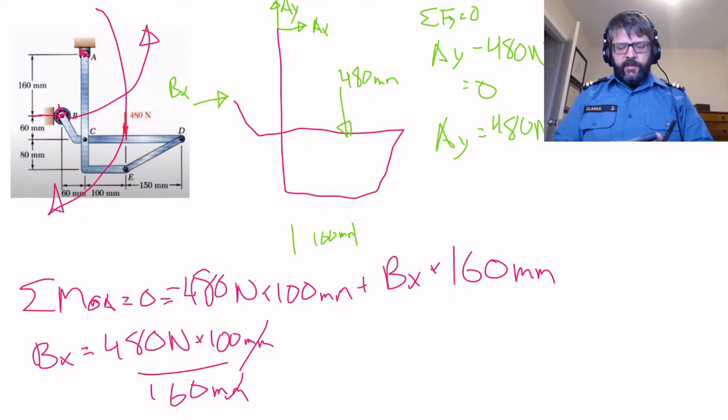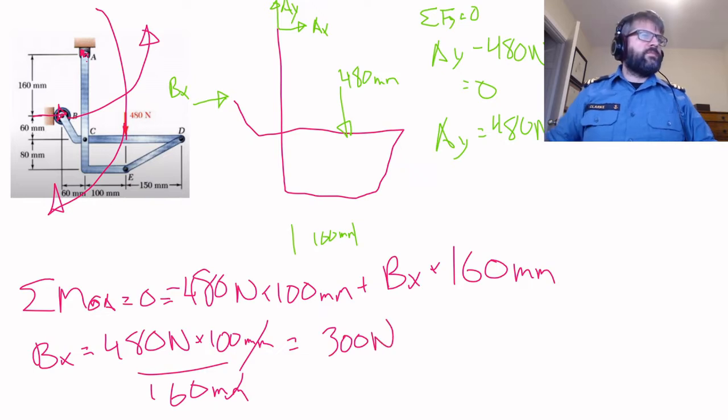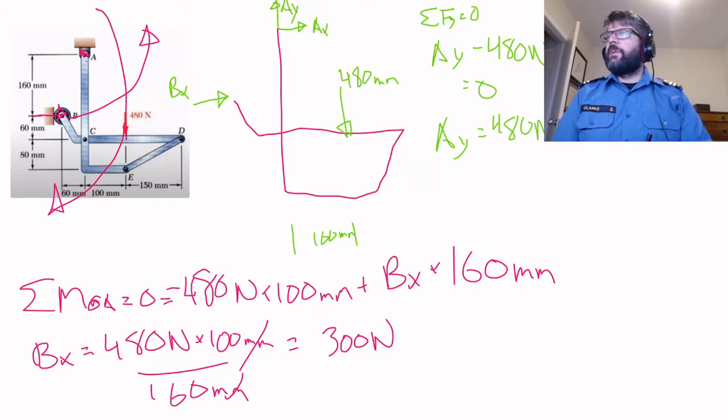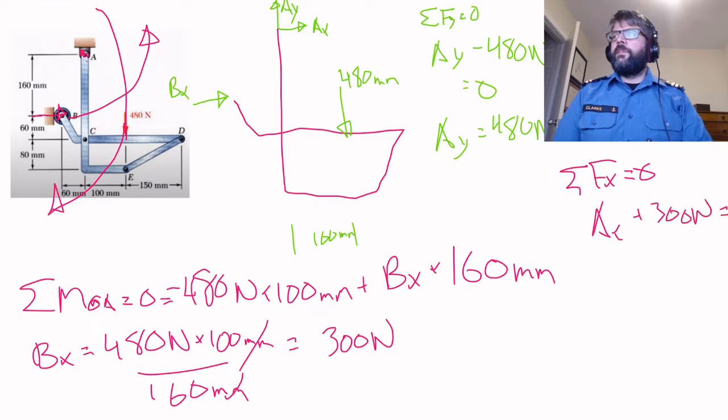The millimeters cancel out, and we are left with Bx equal to 300 newtons. Then, sum of the forces in the x direction is equal to 0. Therefore, Ax plus 300 newtons is equal to 0, so Ax is equal to negative 300 newtons.